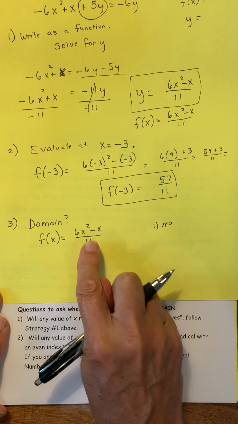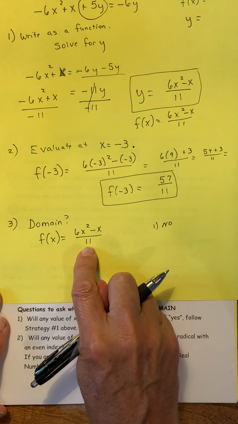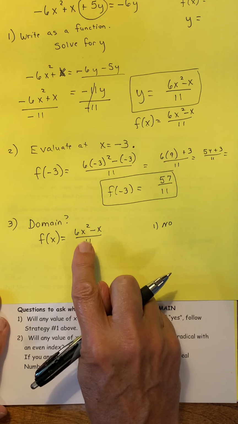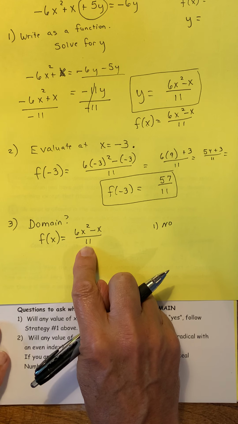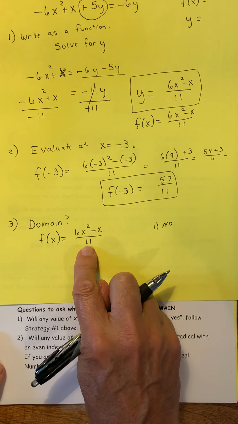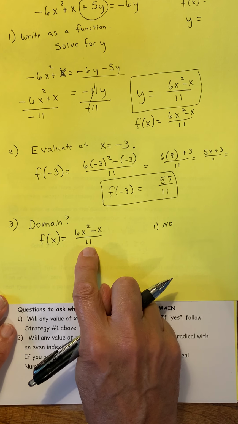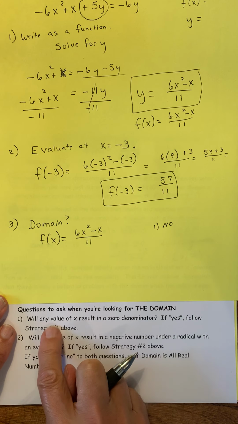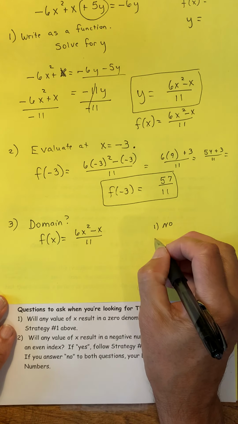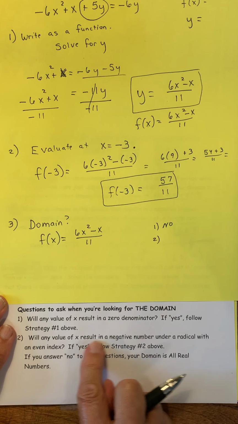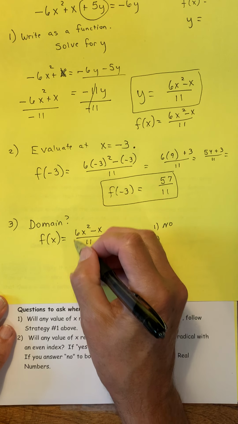My denominator is always going to be 11. I will never get anything but 11 in my denominator. It will never be 0. Whatever you pick for x, your denominator will always be 11. So you will never get a 0 in that denominator. So question number 1, no. Question number 2, will any value of x result in a negative under a radical?